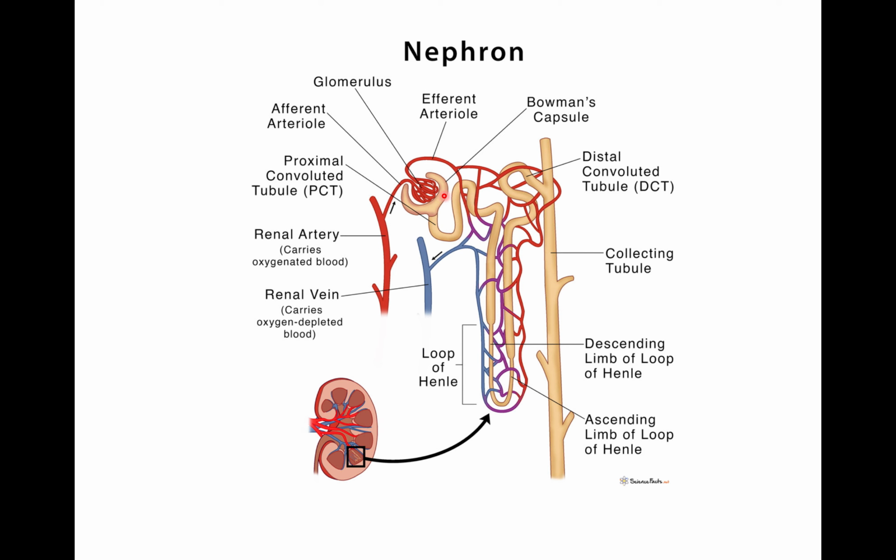So it has two layers: the visceral inner layer, which is formed of podocytes, and the outer one is here.